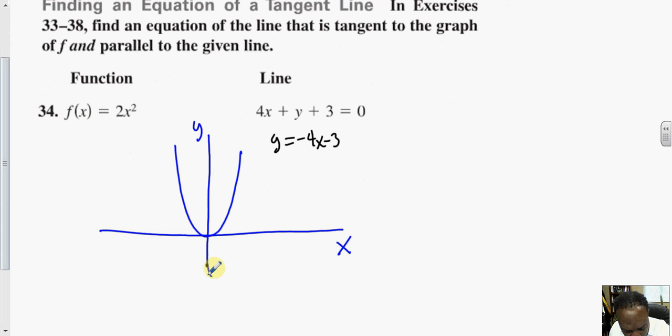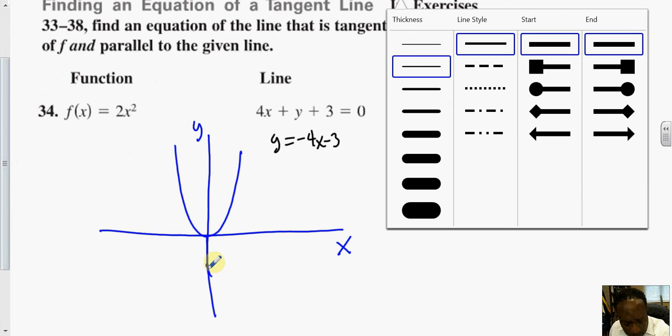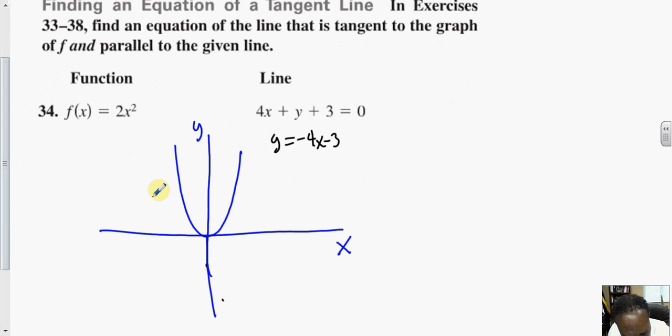And if we go down 4 and go over to the right 1, so go down 4, over to the right 1.